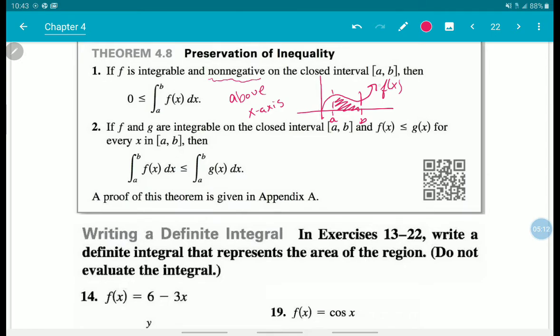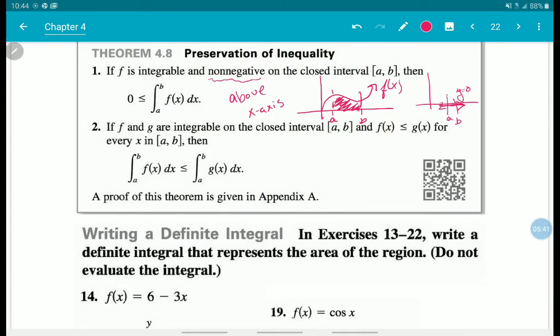Because this f of x function is non-negative, that means that it lives above the x-axis, then we would expect this area to be positive. It would be 0 if our function was a line y equals 0 from A to B. Just because, thinking about those rectangles again, it would have no height.